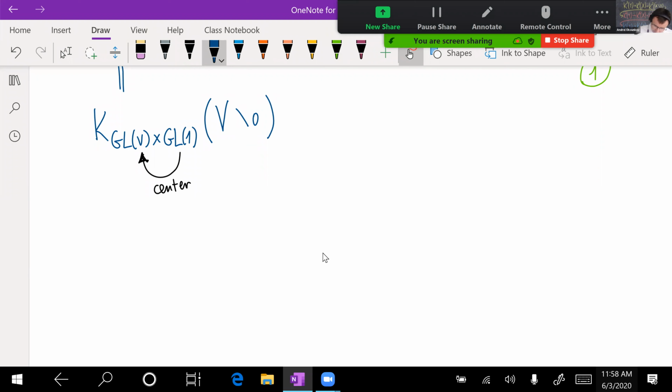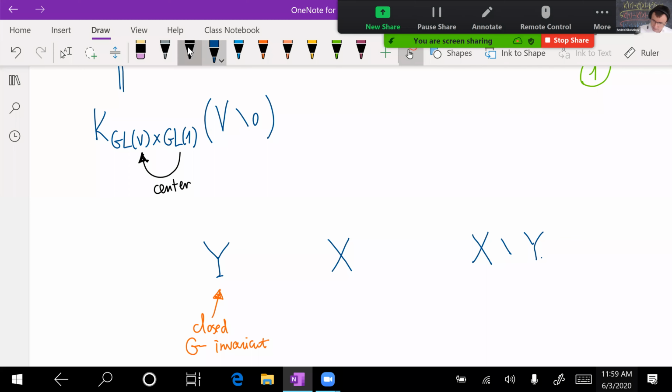In general, if I have X, and I have a closed subvariety of X, closed and G equivariant, G invariant, and then similarly there is an open complement.